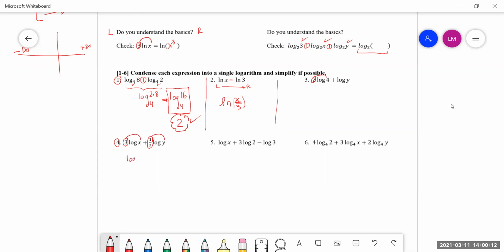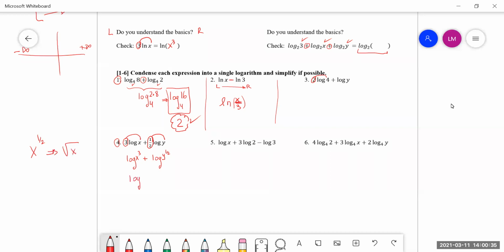So this is going to become log base 10 of x cubed plus log base 10 of y to the 1/2 power. Well, 1/2 power can be written as square root. Remember, x to the 1/2 is the same as square root of x. So I can do the same thing.